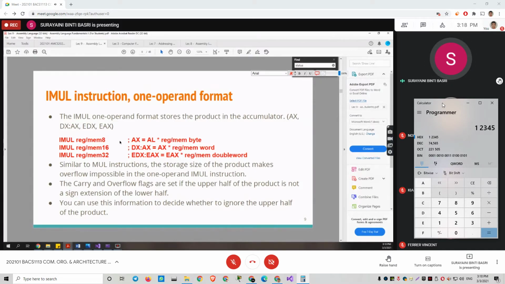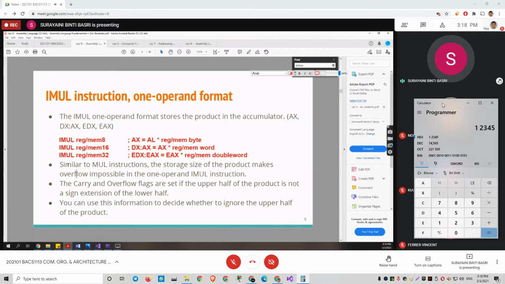It doesn't need to be both signed numbers, because once one of your values is a signed number, you already need to use IMAL, even though one of your variables is unsigned.